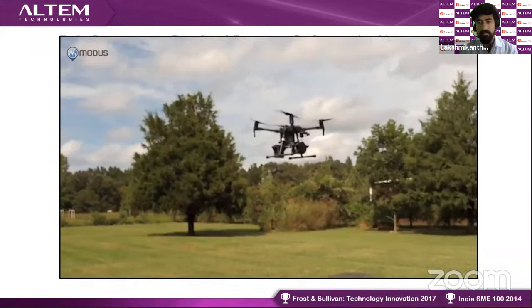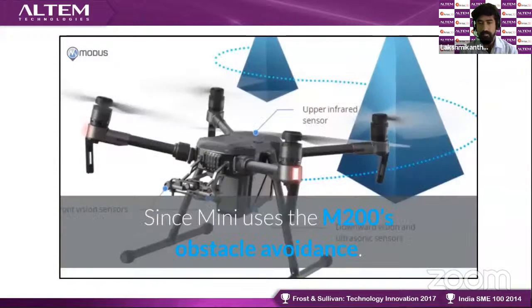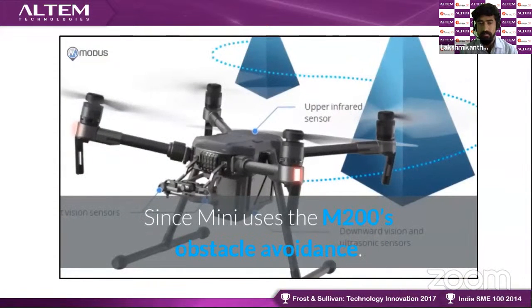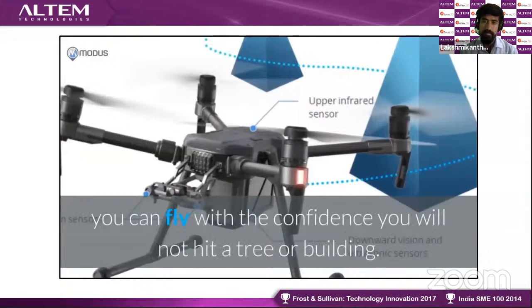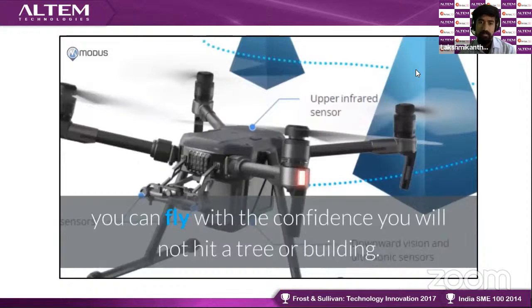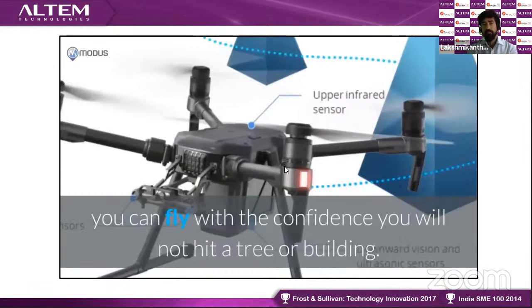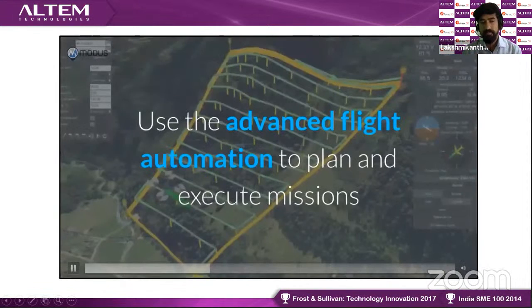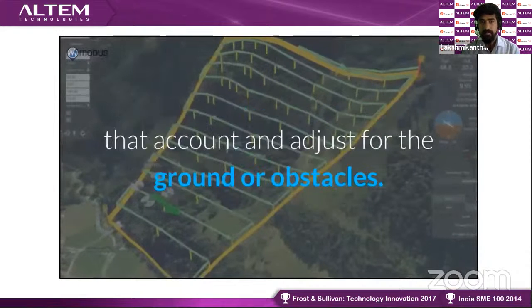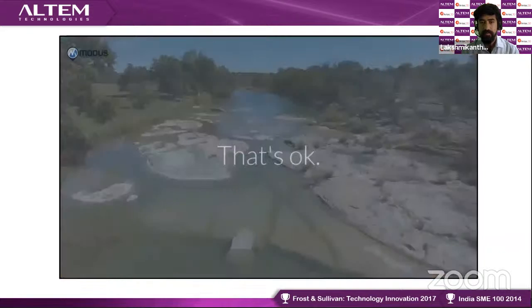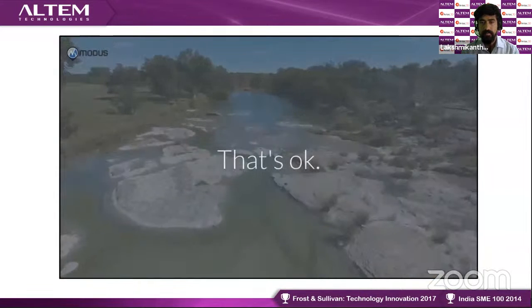It's that easy. Since Mini uses the M200's obstacle avoidance, you can fly with the confidence you will not hit a tree or building. Use the advanced flight automation to plan and execute missions that account and adjust for the ground or obstacles. Not sure of the ground? That's okay.